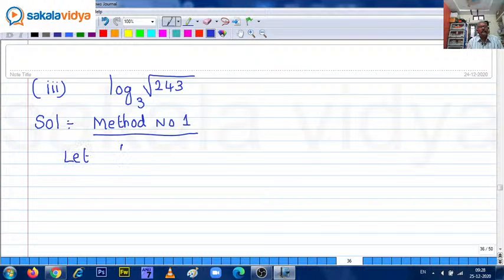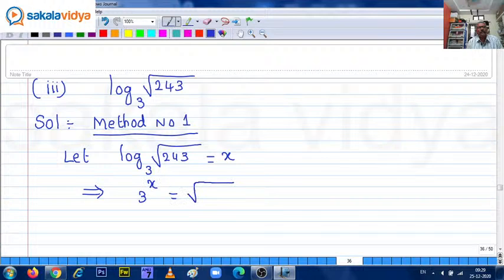Let us consider log root of 243 to the base 3 equal to x. So this we can write in exponential form: 3 power x is equal to root of 243.